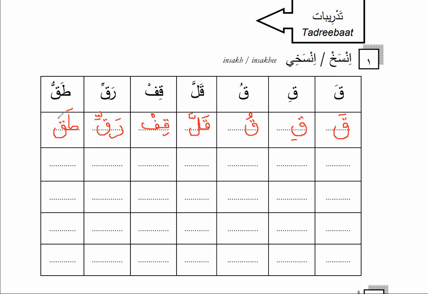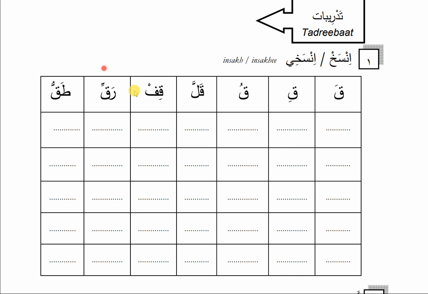Both ways are correct. Either you write like this or like this. This is the easiest, but I would suggest this is the correct one, how I wrote this. So this is how you're going to write the letter Qaf with all the letters.